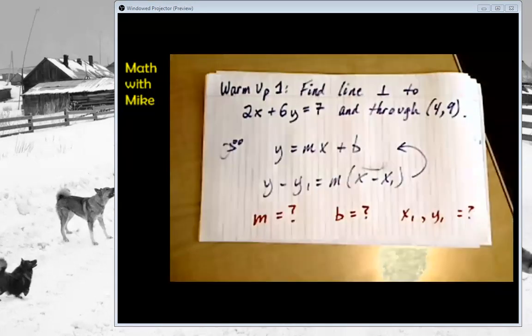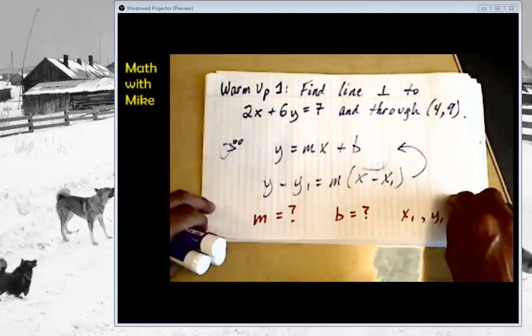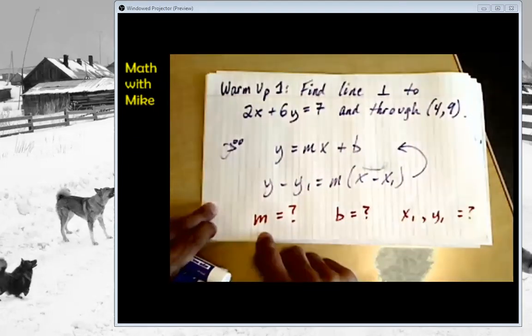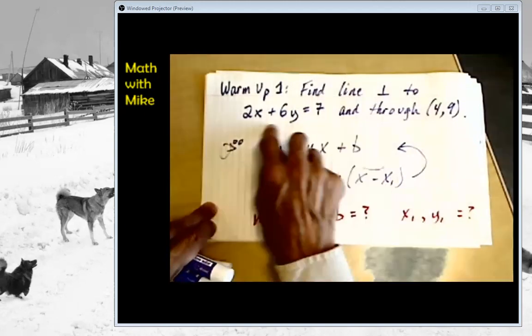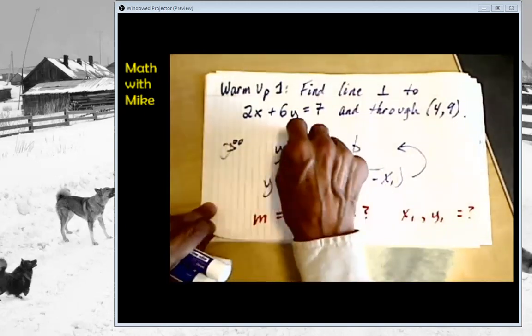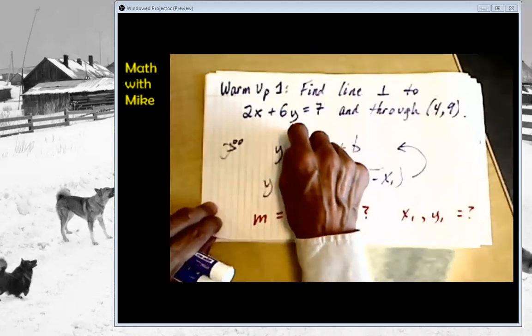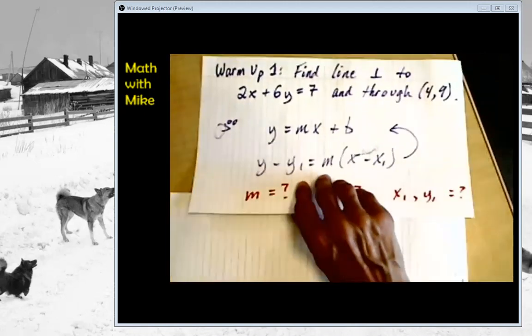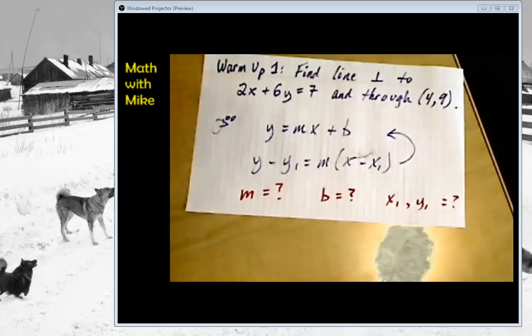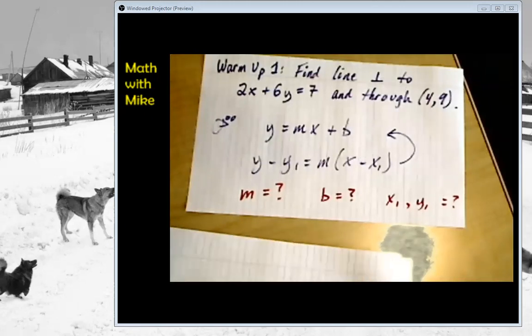Okay, so let's find the slope from this line here. How do we do that? To find the slope, we need y2 over x2 minus y1 over x1.